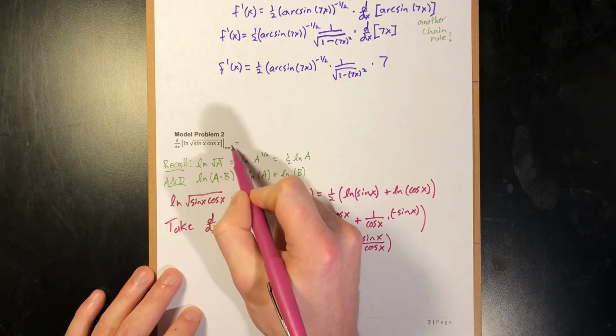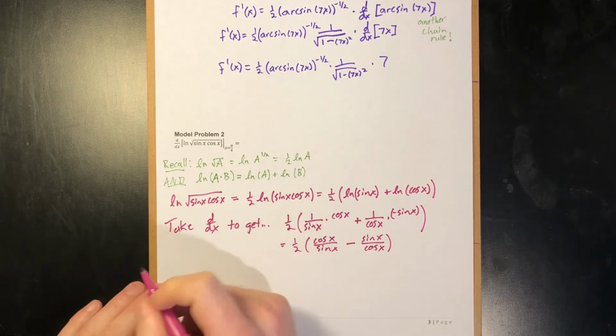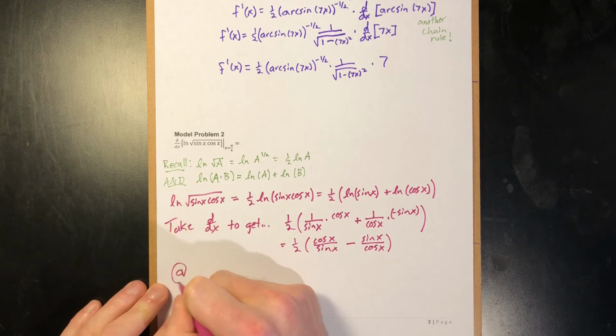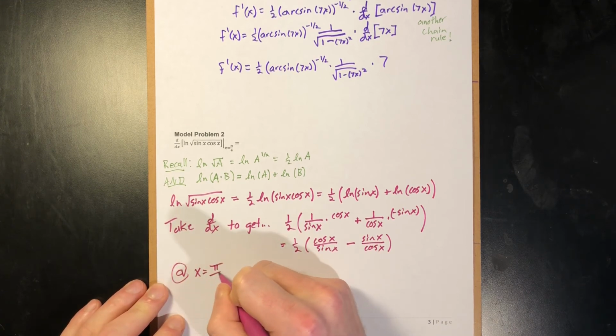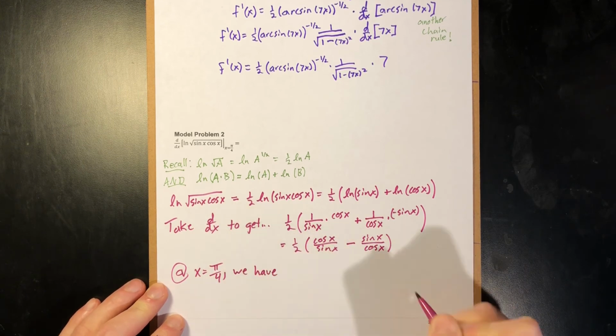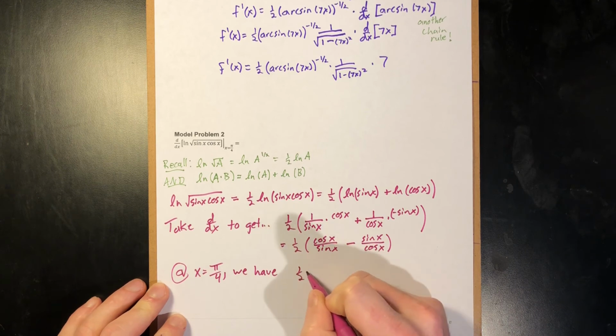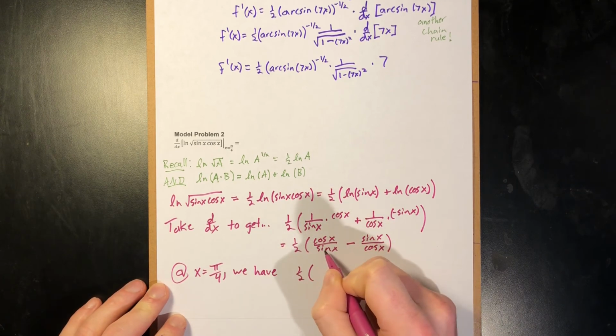We need to evaluate it at x equals pi by 4 and figure out what we're going to get here. So at x equals pi by 4, it would be 1/2 of the cosine of pi by 4 over the sine of pi by 4.